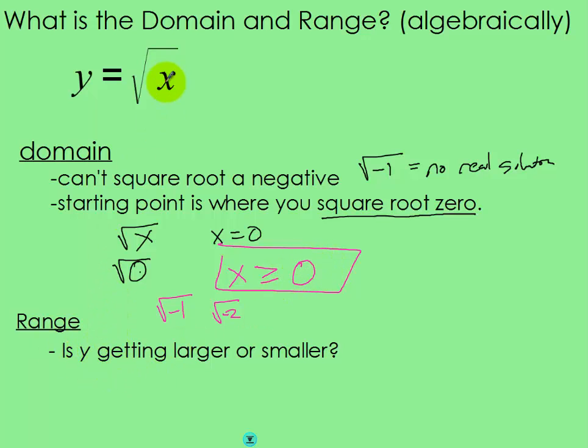So you have to ask yourself when you start plugging things in, is y getting larger or smaller? Again, you're starting where x is equal to 0. If you plug that in, you're square rooting 0. So y equals the square root of 0. So y is going to equal 0. And as x gets bigger, y gets bigger. So it's going to be y is greater than or equal to 0. And that's the same thing we saw with the graphs before.